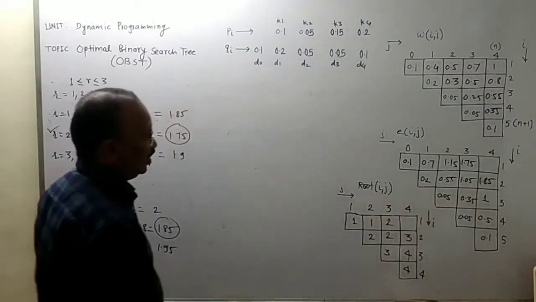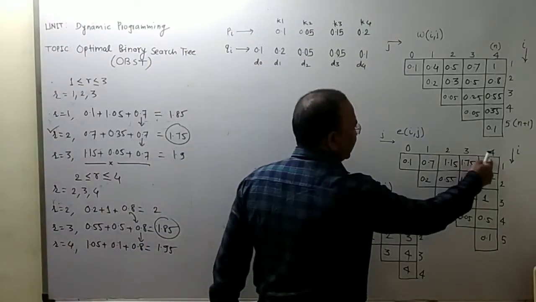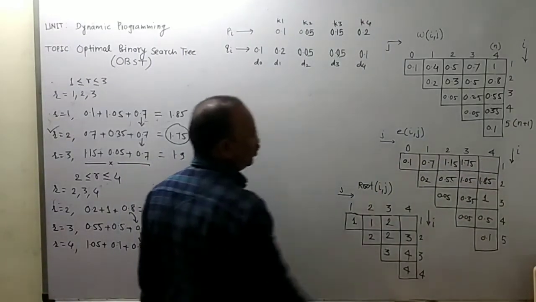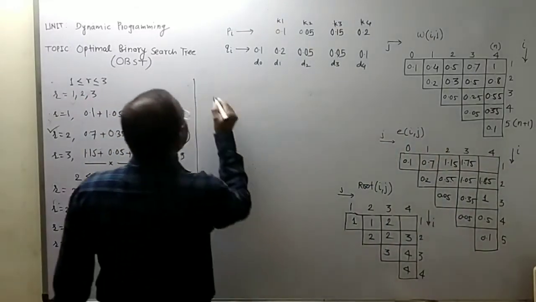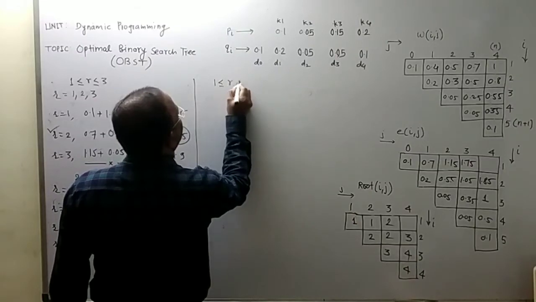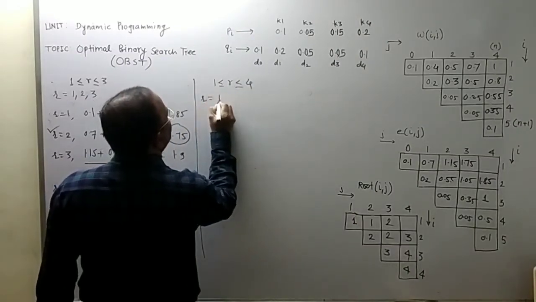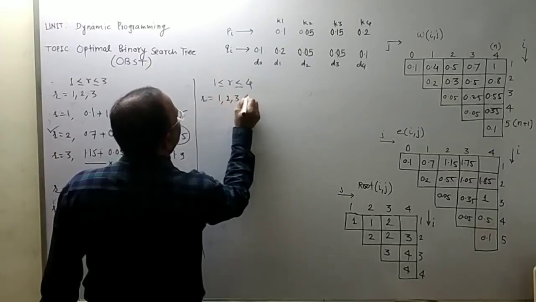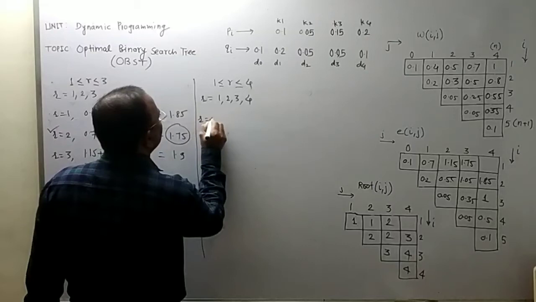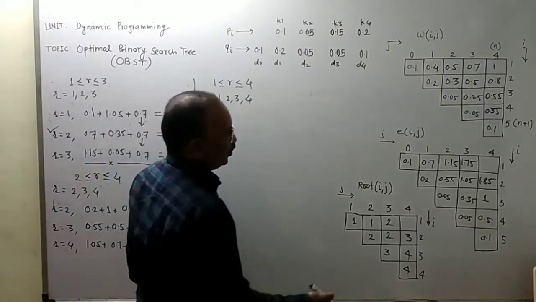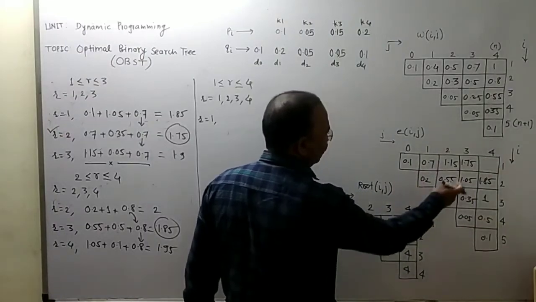Now the next cell gives us the expected searching cost, which we have to calculate. So the last cell is 1, 4. 1 less than or equal to r less than or equal to 4. R varies from 1 to 4. For r is equal to 1, you will get the equations as per the discussions for the previous cells.